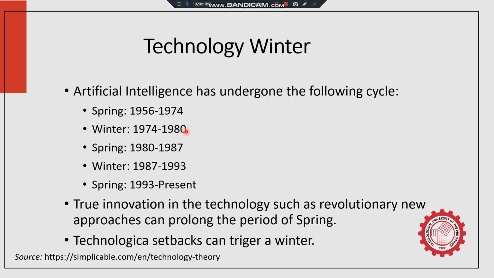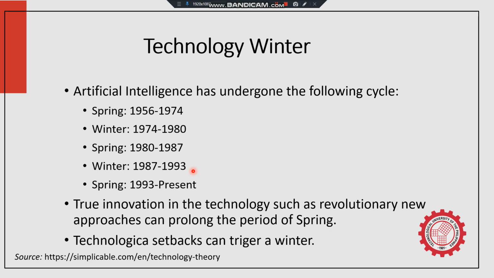And then the technology again picked up in 1980 to 1987. So once more, artificial intelligence was utilized. Okay. And once more, in 1987 to 1993, it seemed to sleep again.